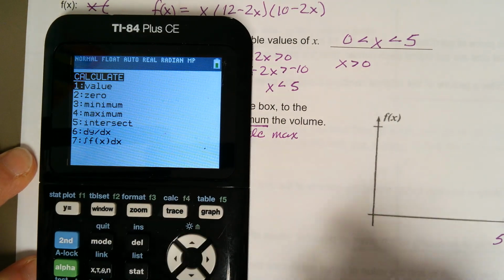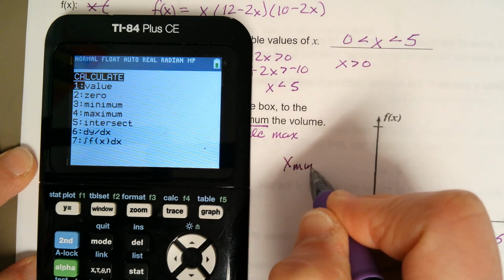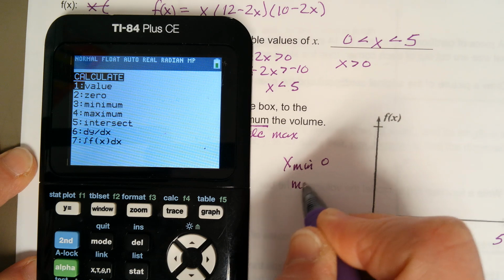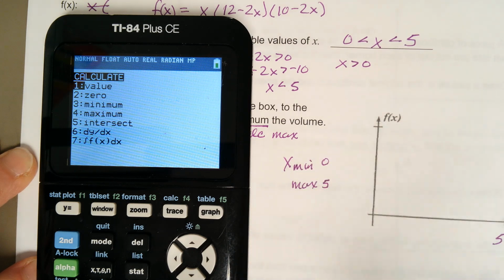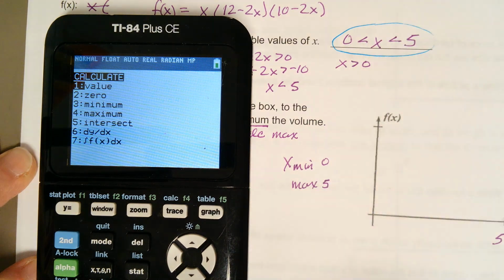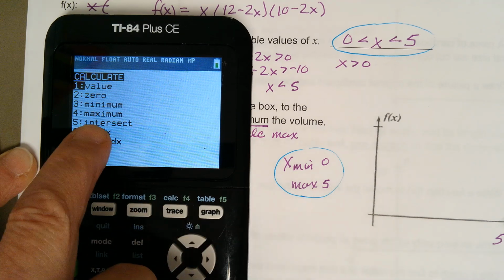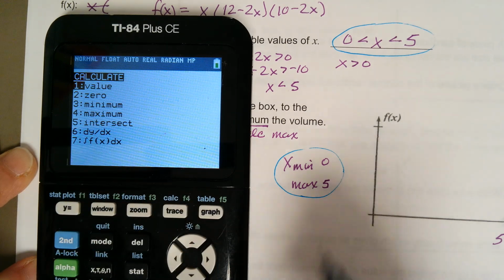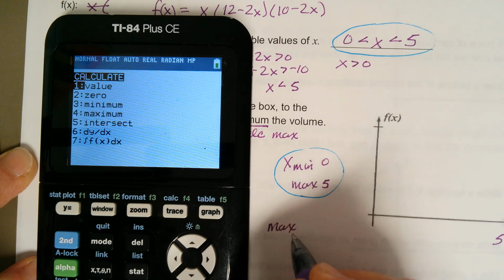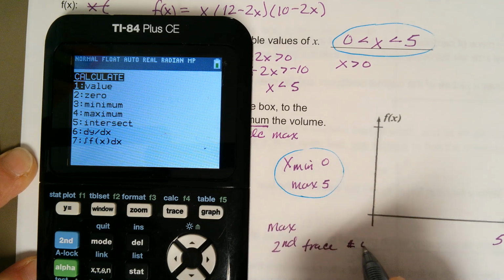Find the max on the calculator. For our x min we had 0. For our x max we had 5, and that was from this. This told us what our domain was. Now back to finding the maximum, it's second, trace, number 4.